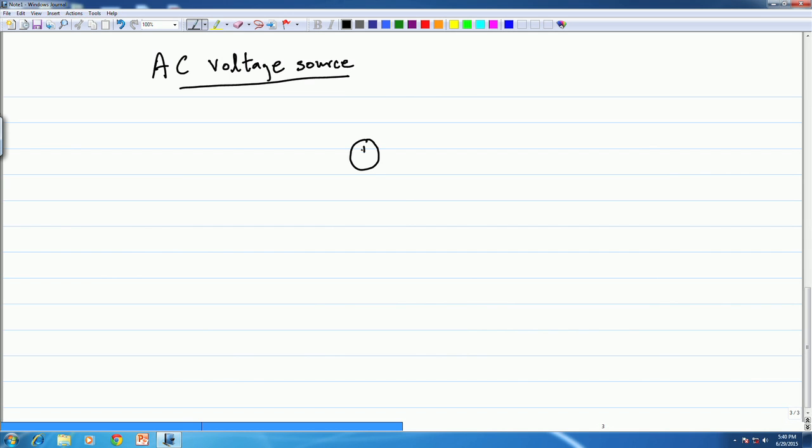The notation probably is similar to before. You might use different notation here, but this is the notation, and in fact the voltage across the two ends of an AC voltage source is not constant over time. On the other hand, it takes a sinusoidal shape, and it is very common to write it in this fashion.